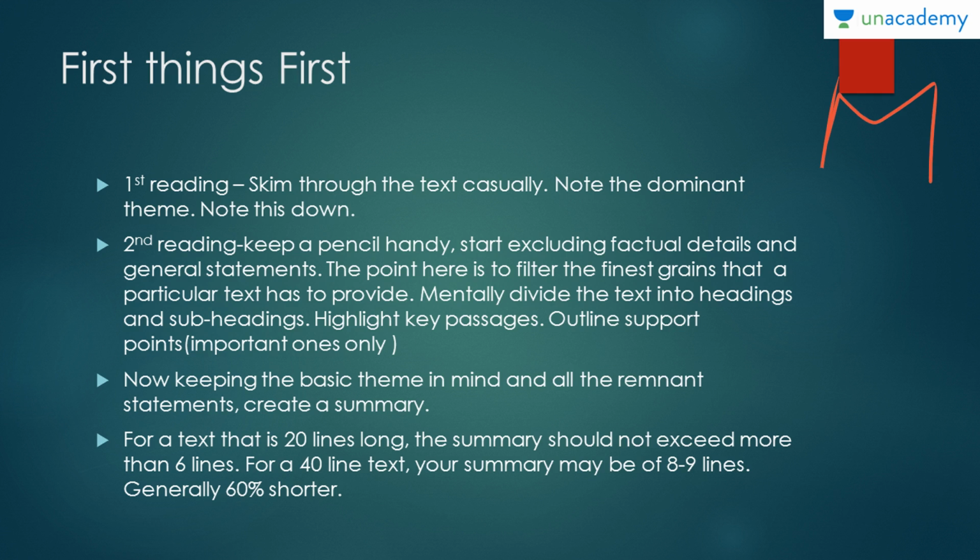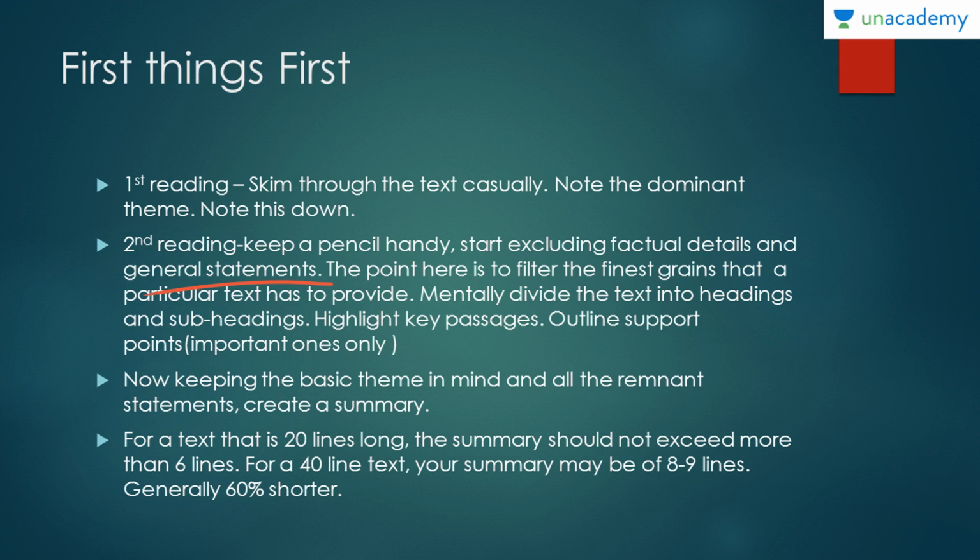Now you do the second reading. When you do the second reading, always keep a pencil handy. Start excluding the factual details and the general statements which are not important. A text may include a lot of things, mostly rhetorical things used as embellishment, meaning decoration. You cannot use them in a summary.